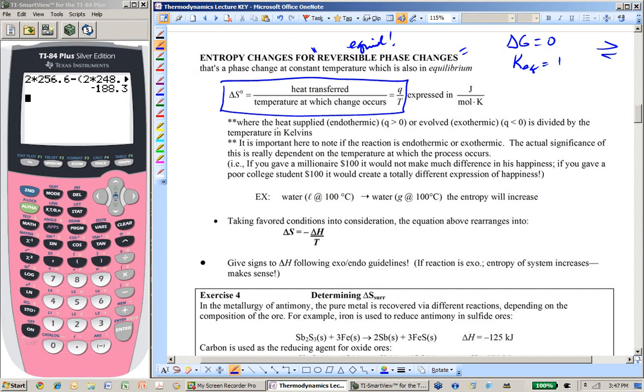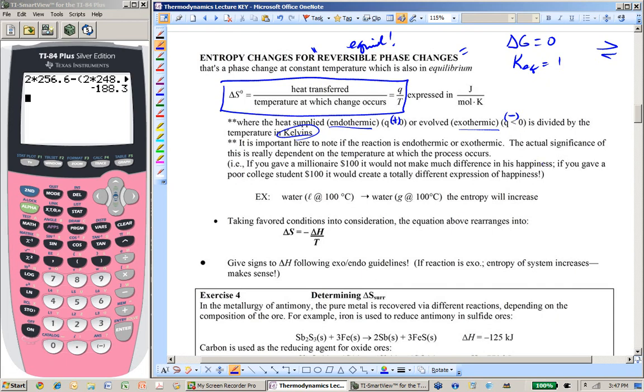So where the heat supplied is endothermic with Q greater than 0, or the heat evolved if it's exothermic with a Q less than 0, which means minus, is divided by the temperature in kelvins. So it's important to note here that if the reaction is exo or endo, you got to pay attention to your signs.